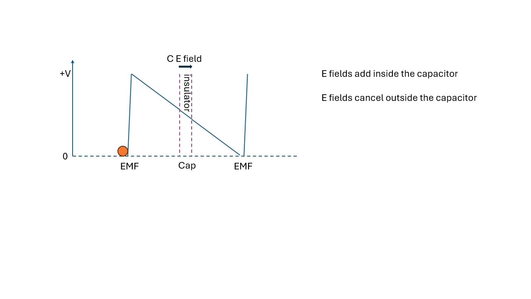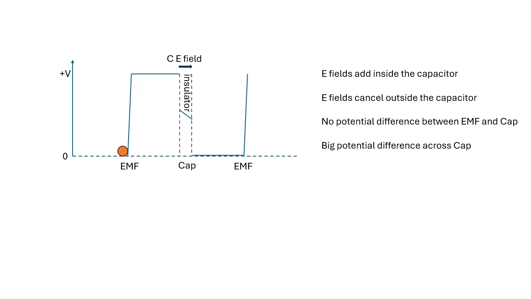Now, if the electric fields outside the capacitor are cancelling, then there can be no potential difference across the wire there. So, between the EMF and the capacitor, the potential doesn't change. However, there is going to be a big potential difference across the capacitor.